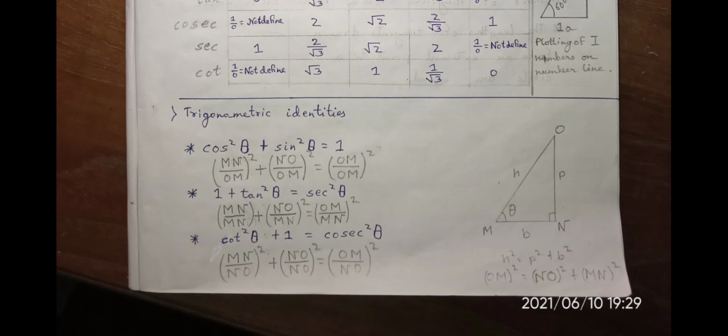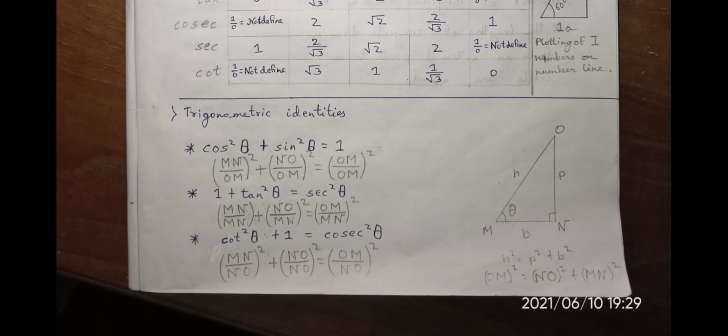MN is the adjacent side of theta, and OM is the hypotenuse. Adjacent side of theta by hypotenuse is obviously cos theta. The same for sin square theta. Here NO is the side opposite to theta, and OM is the hypotenuse. So side opposite by hypotenuse is obviously sine theta.